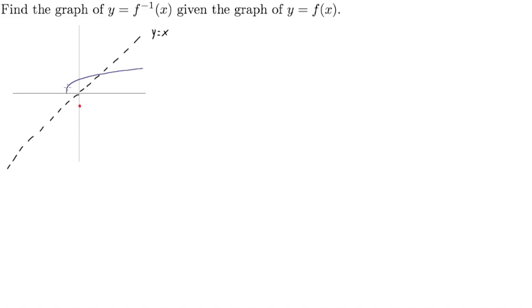So it moves in the positive x direction quite a bit while it's moving in the positive y direction just a little bit. That means this graph is going to be moving in the positive y direction quite a bit. So we're going to make a similar shape moving in the positive y direction, looking something kind of like that.